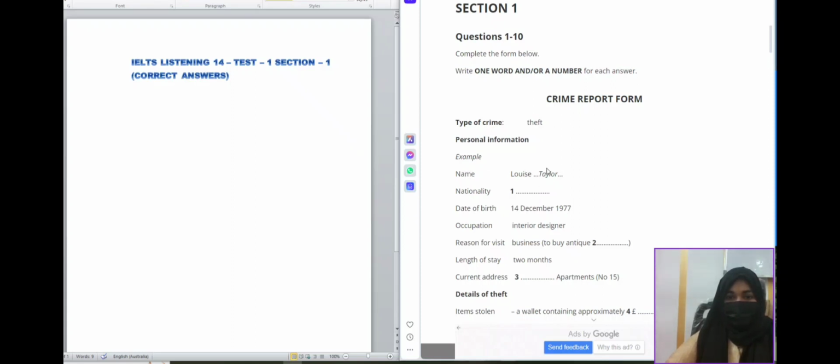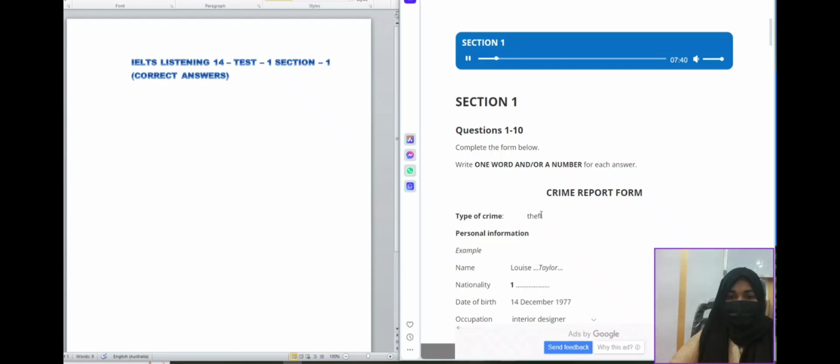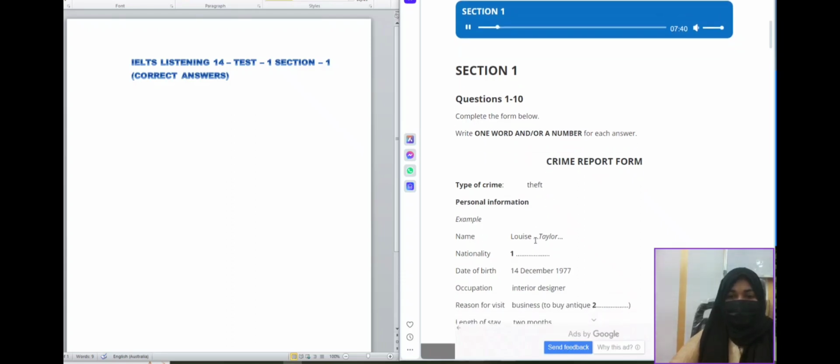On this occasion only, the conversation relating to this will be played first. Good morning. What can I do for you? I want to report a theft. I had some things stolen out of my bag yesterday. I'm sorry to hear that. Right, so I'll need to take a few details. Can I start with your name? Louise Taylor. The woman's name is Louise Taylor. Yes. So Taylor has been written in the space.